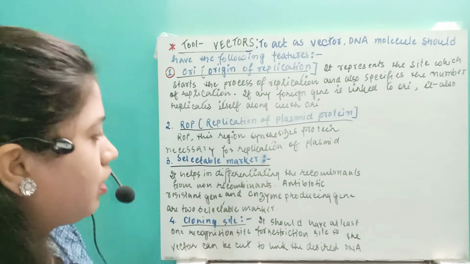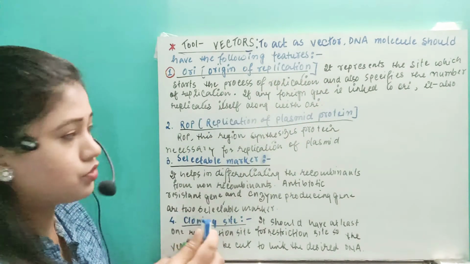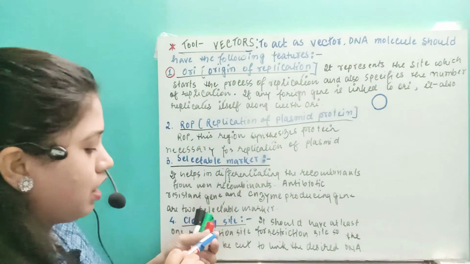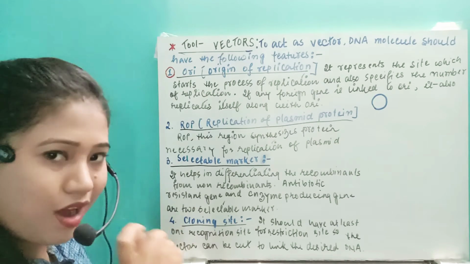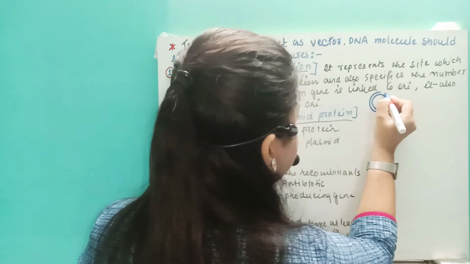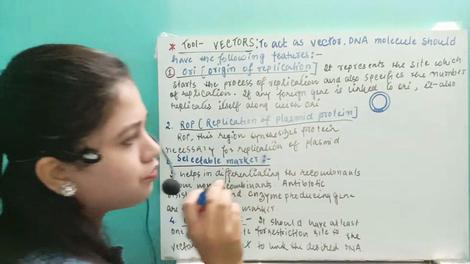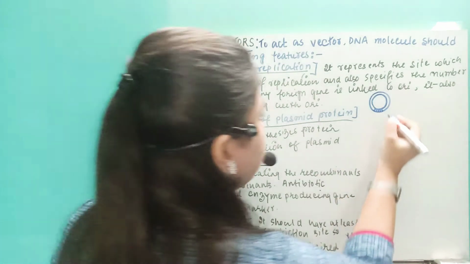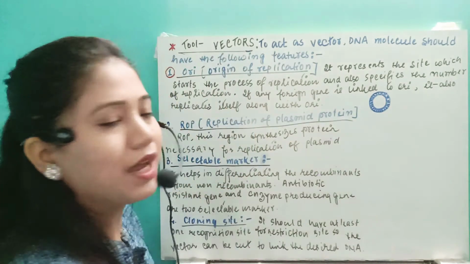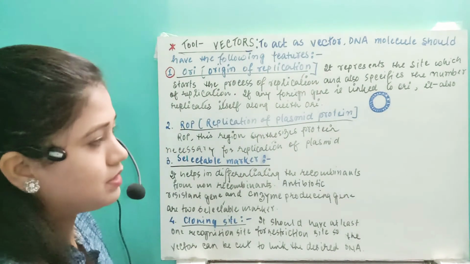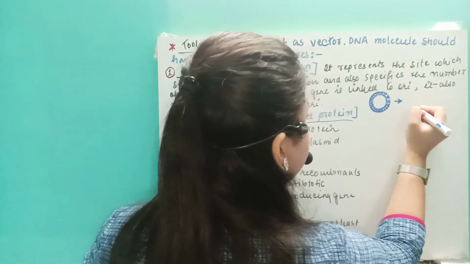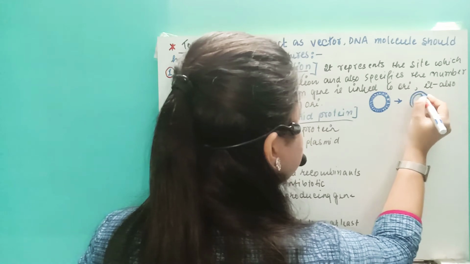Before telling you the lines, first of all, let us show here, this is suppose one vector. Suppose it is a circular DNA. So from at least one specific region, this vector will start to replicate. Replicate means one will multiply into two. So how will the process of replication start?